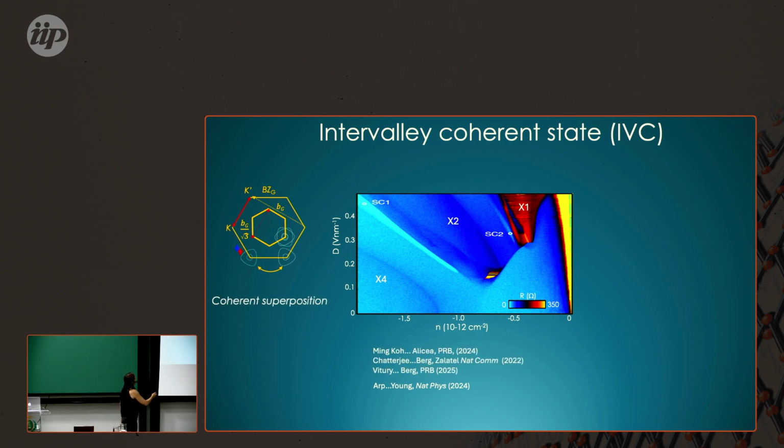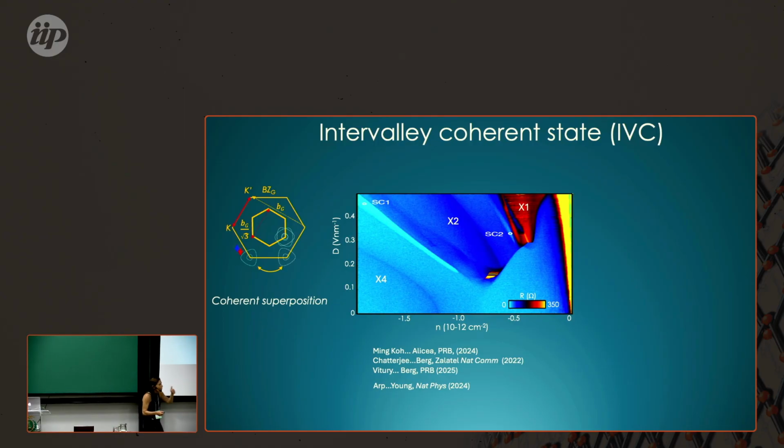So, as we said, one of the ways to minimize the energy is to form an intervalley coherent phase. In this state, the wave function forms a coherent superposition between the K and the K prime.